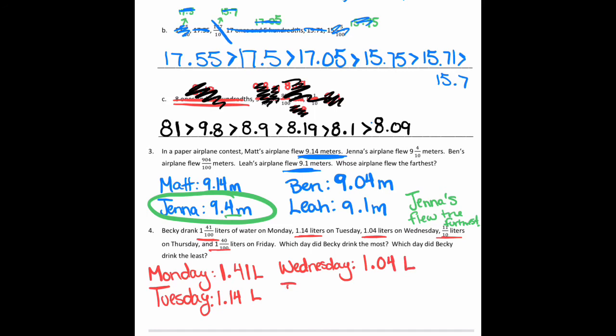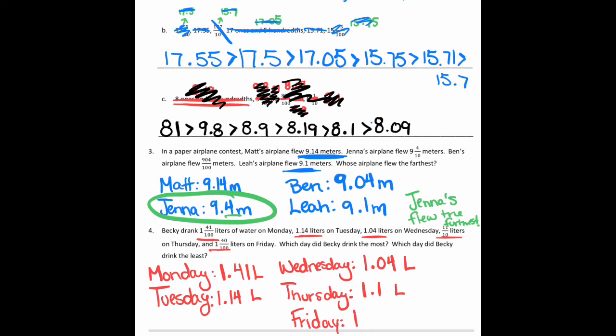Thursday is 11 tenths liters. When you change that to a mixed number, you get 1 1/10, which would be 1.1 liters. And Friday is 1 and 40 hundredths, which would be 1.40.